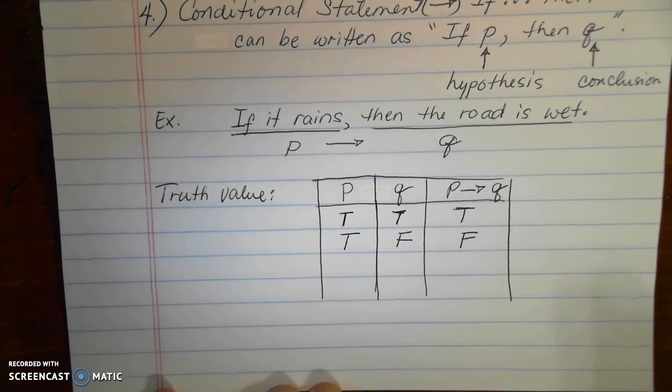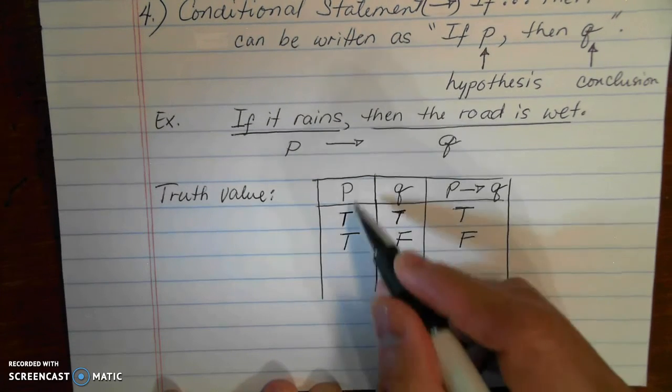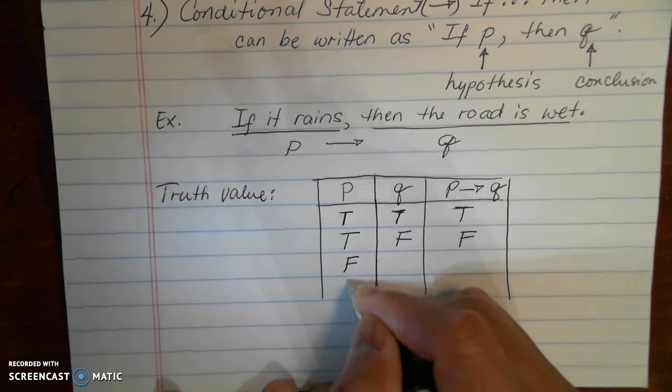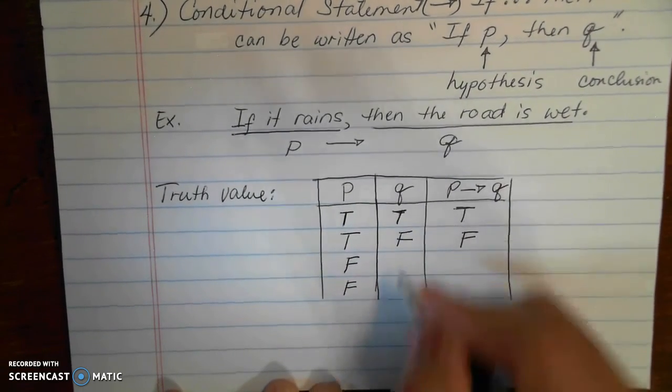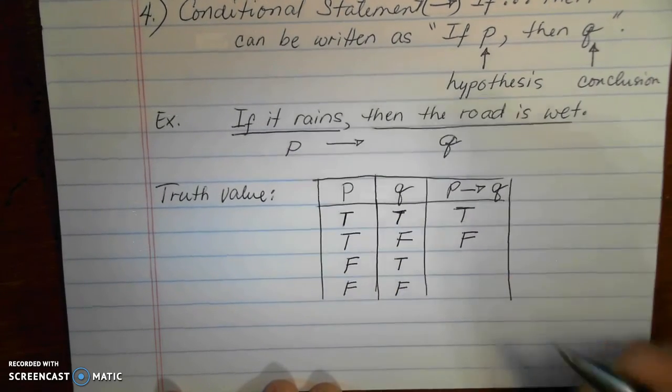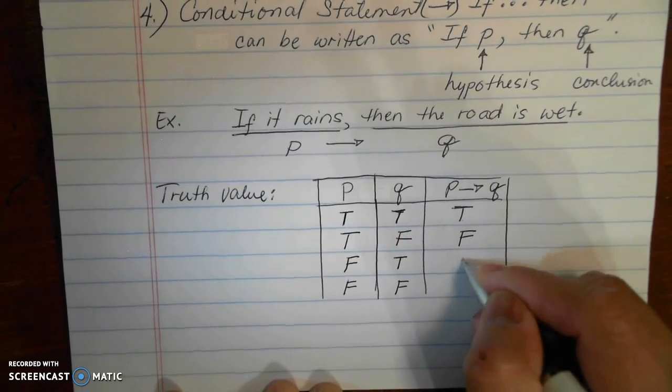Now, here is the tricky part. From the very, very beginning, if your P was false, whether your Q is true or false, your whole statement becomes true.